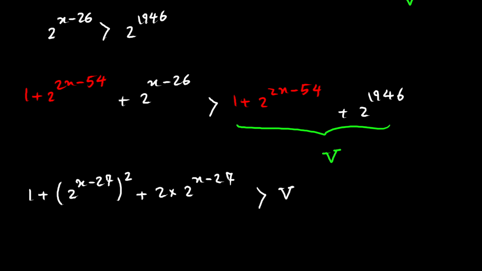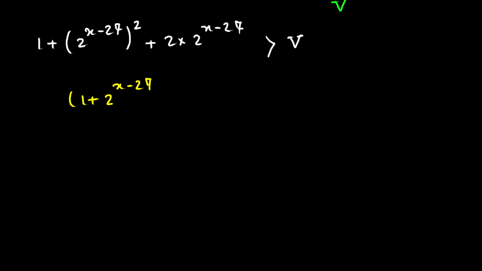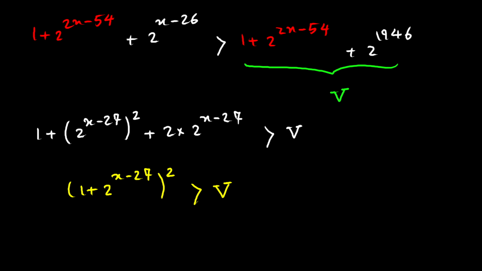Now, based on the square of a sum identity, I can say that the left-hand side is (1 plus 2 to the power of x minus 27) all squared, and this is greater than v. And from the definition of v, we can say that v is greater than 2 to the power of 2x minus 54, right?